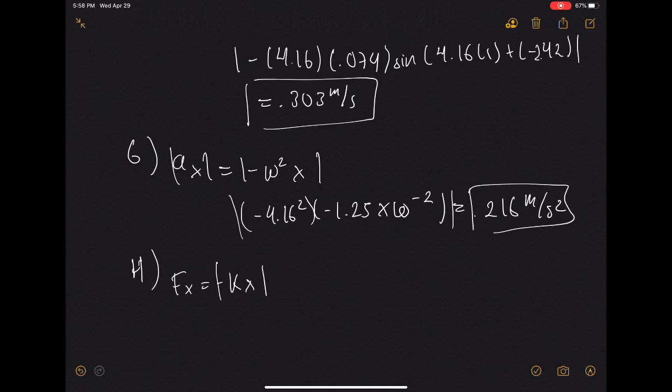So we just have to plug 43.3 times the negative 1.25 times 10 to the negative 2, and that's going to give us 0.540 newtons, and that's it.